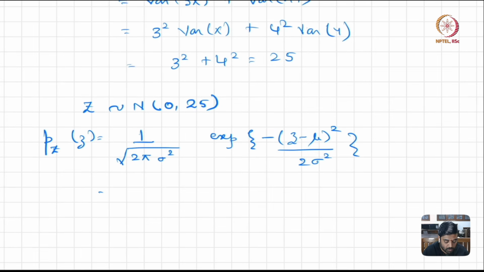Now this is 1 over 5 times square root of 2 pi, exp of minus z square divided by 50. This is your density function.